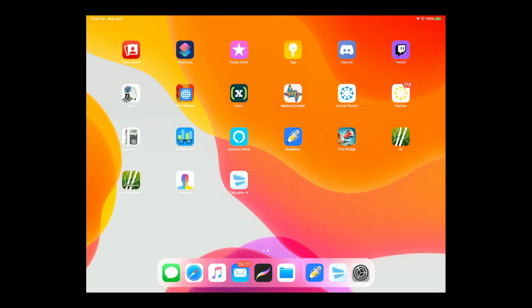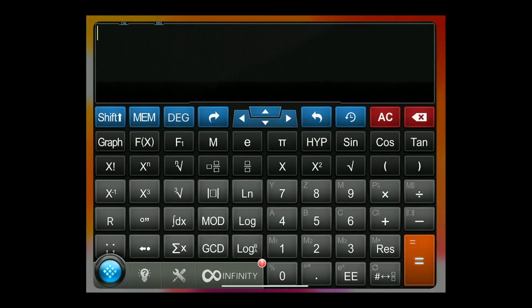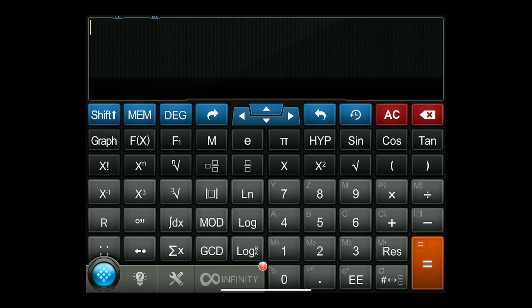All right, so we go over here to our calculator, and you just would go secant 30 degrees. And there's no secant, right? There's a sine, a cosine, and a tangent. Most scientific and graphing calculators are not going to have a secant, a cotangent, or a cosecant.